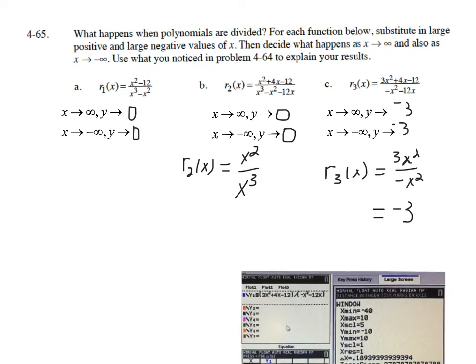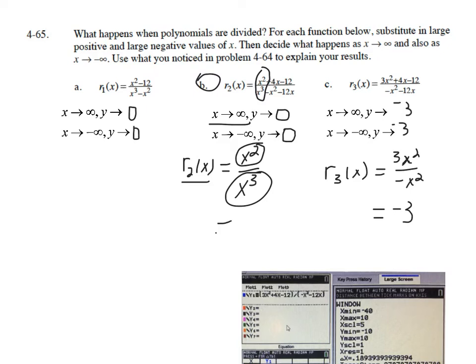Okay, welcome back. Now if you take a look at part B, I'm just going to examine the most influential term in the numerator and denominator. So r sub 2 of x equals x squared over x cubed. Well, as x gets very, very large, my denominator becomes much bigger than the numerator, which results in a much smaller number.